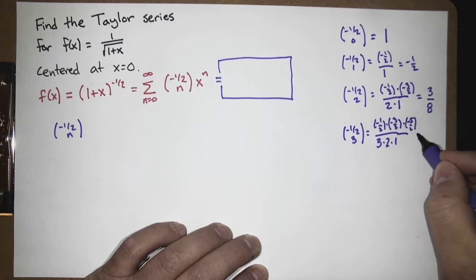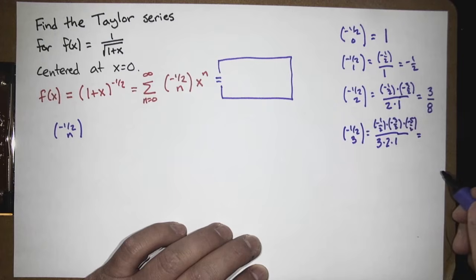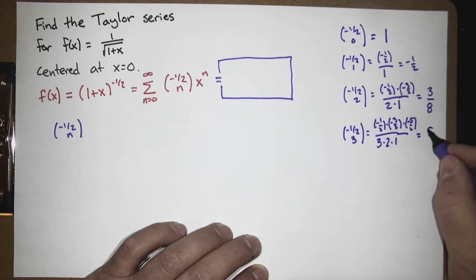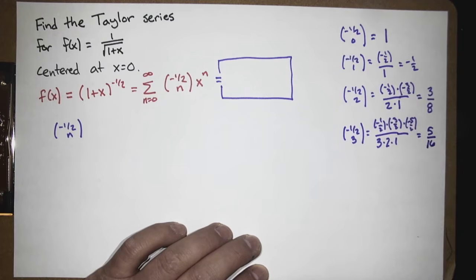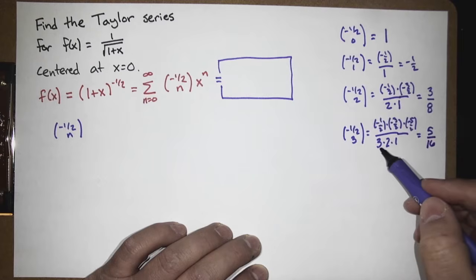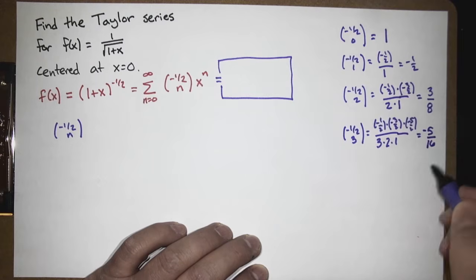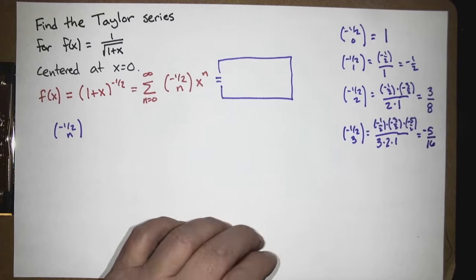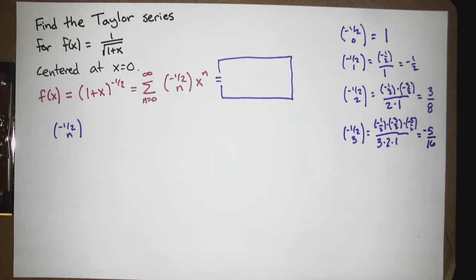And if we multiply that all together, what do we end up with? 5/16, I think, because you can cancel a 3. And there's a negative, because there's 3 minuses. And 2 times 2 times 2 times 2. All right, so we have 1, minus a half, 3/8, minus 5/16.